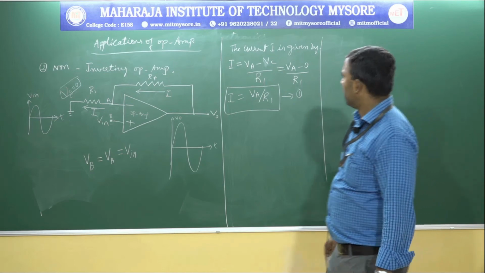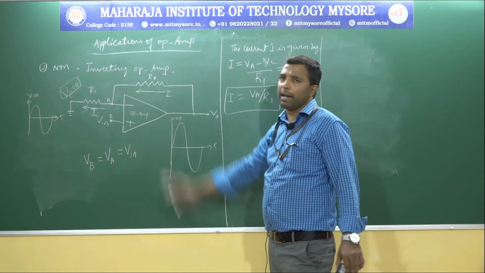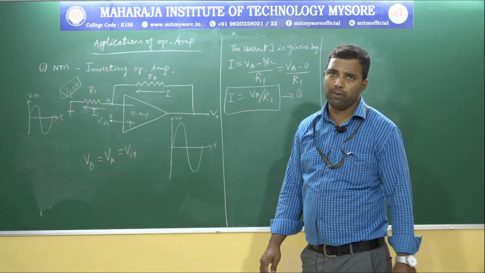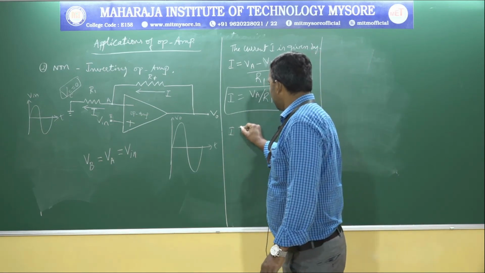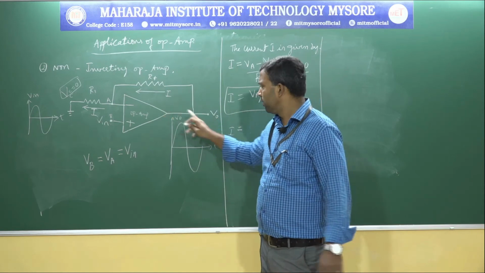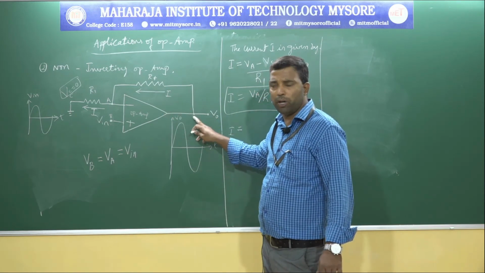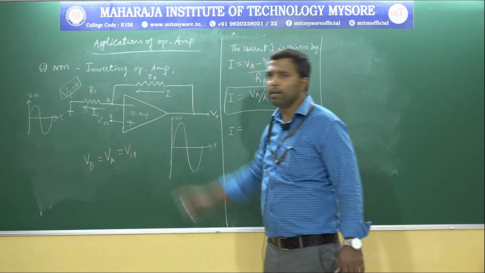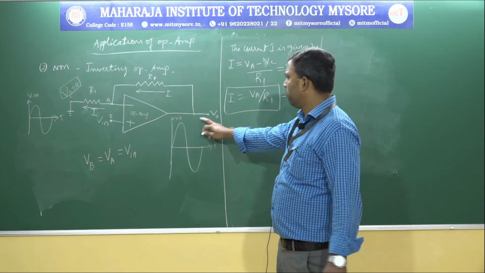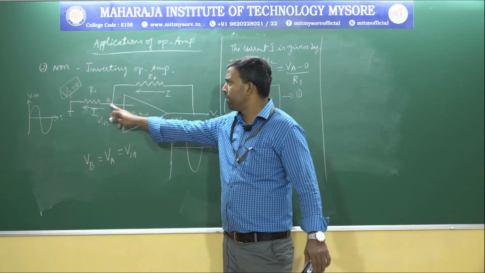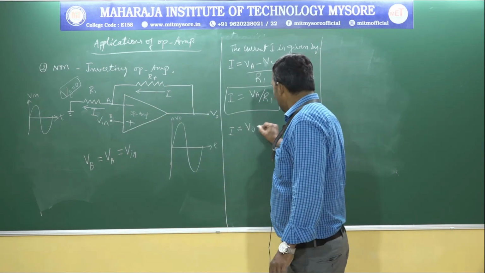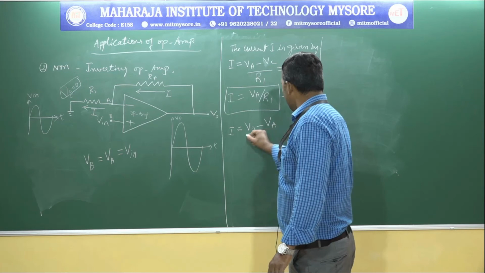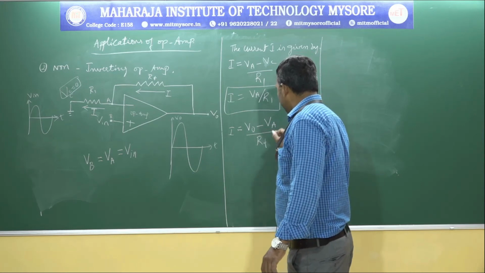Similarly, the current I through the feedback resistance RF is given by the potential difference between this point and this point divided by the resistance. This is the current direction. That is VO minus VA divided by RF.